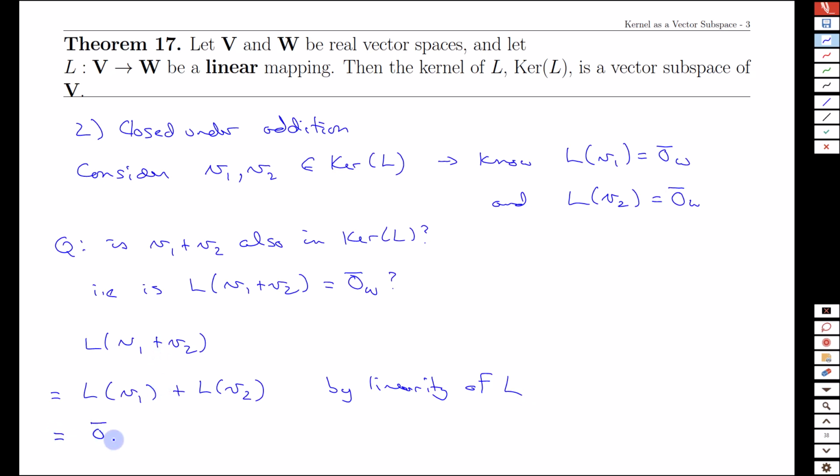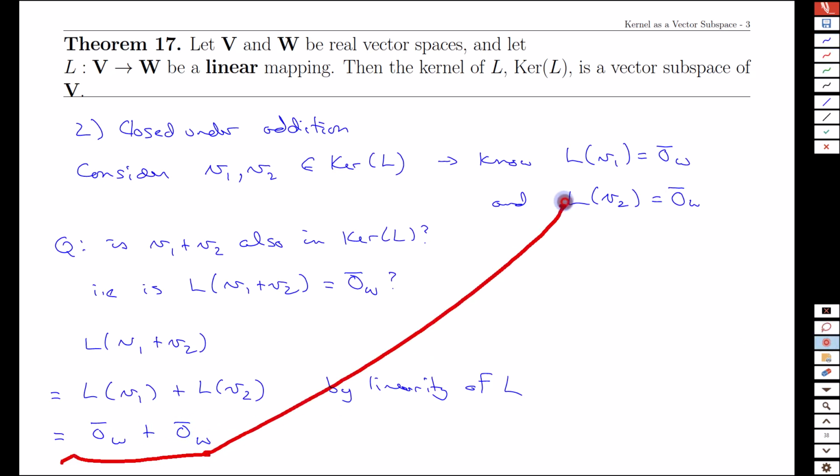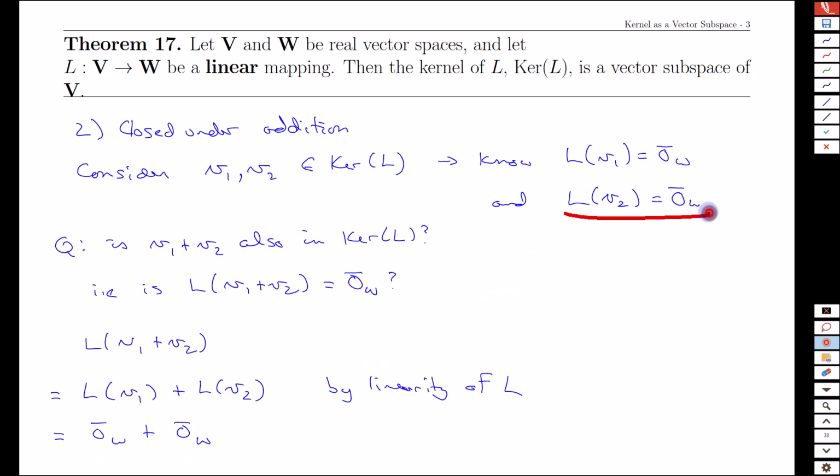And this is the 0 vector in W, and that's the 0 vector in W as well. Why? Well, because these two things here are exactly the relationships that made the first vectors into the kernel, and we add the 0 vector to itself, we get the 0 vector back as well. And that means that V1 plus V2 is also in the kernel of L. When we transform these two vectors added together through a transform, we also get the 0 vector back.